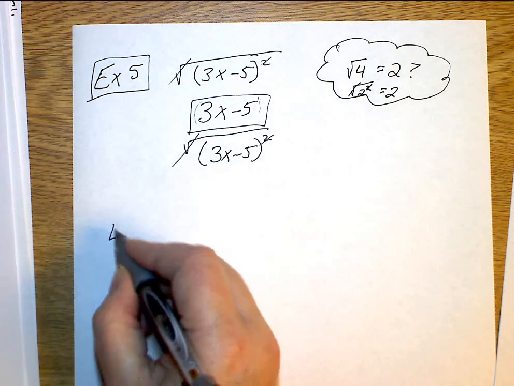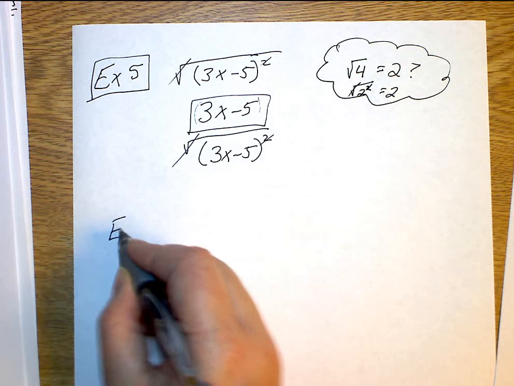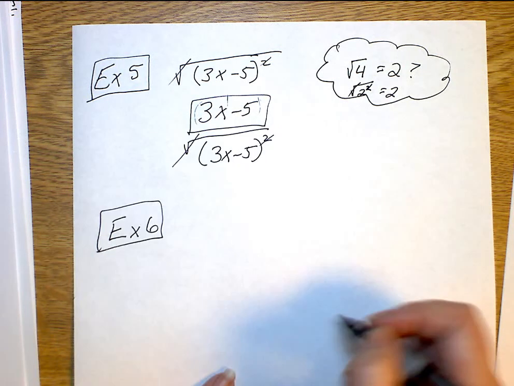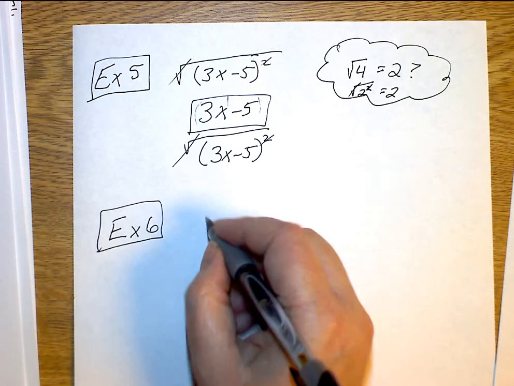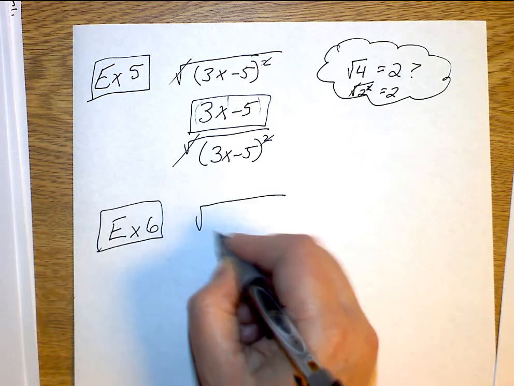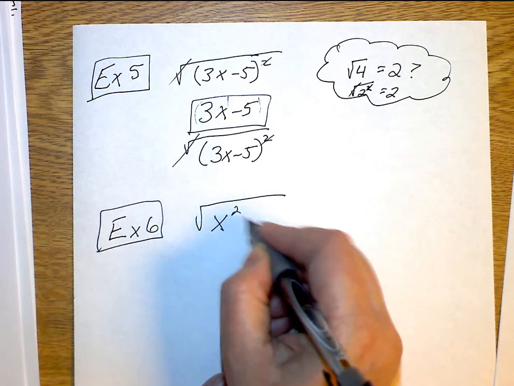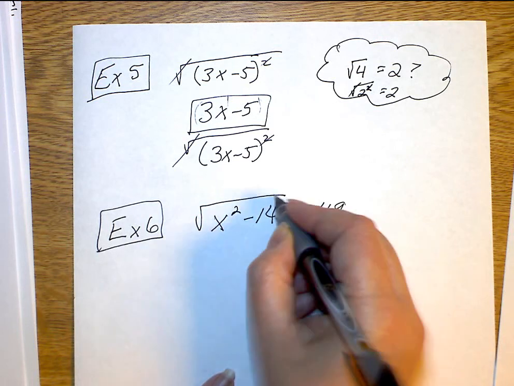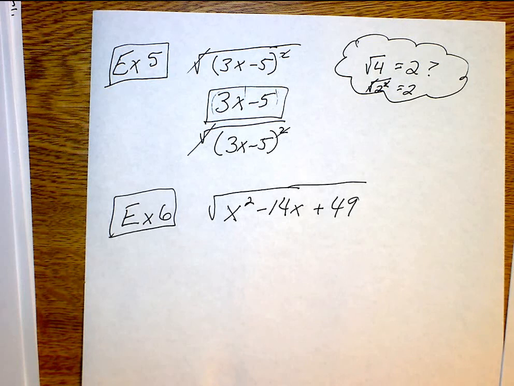What's going to happen is it's going to be a little bit more challenging than that on some of them, and this is the one not to fret about because this is really challenging. When you see something like this, x squared minus 14x plus 49, hopefully, since we did the whole last chapter on factoring, you are going to factor it.